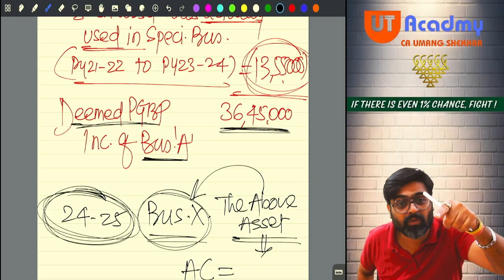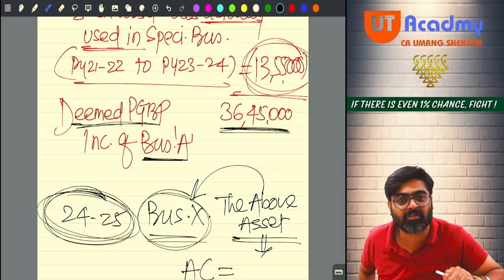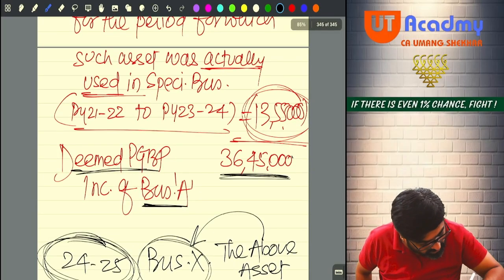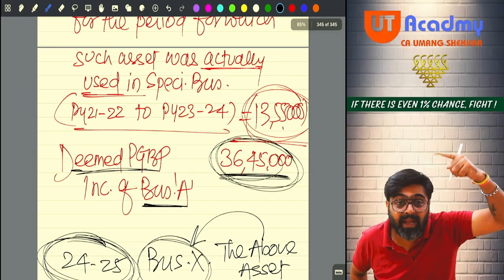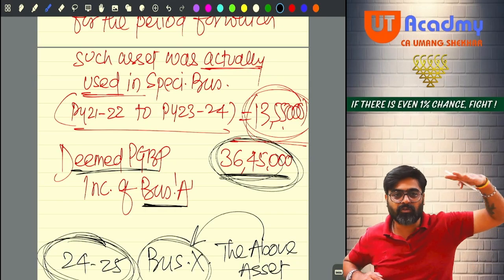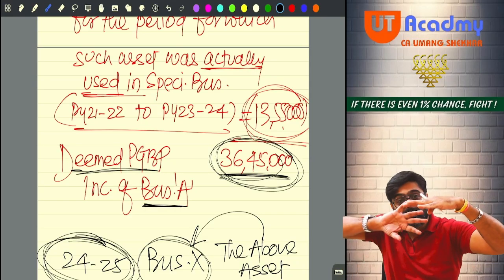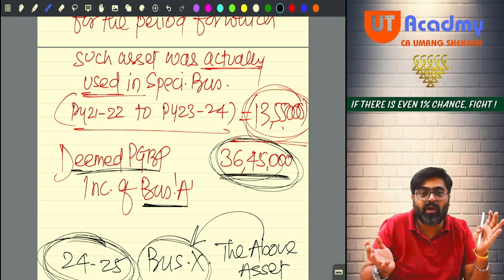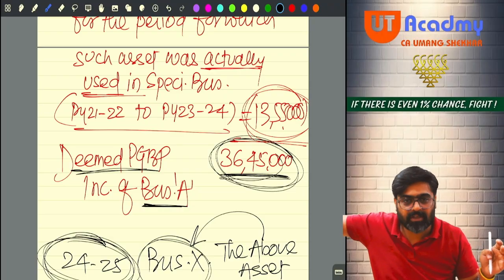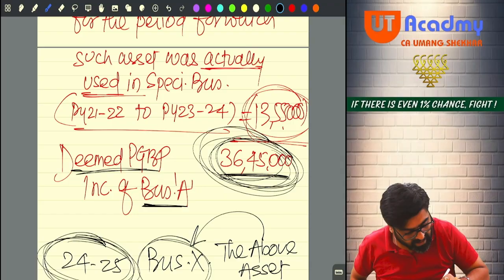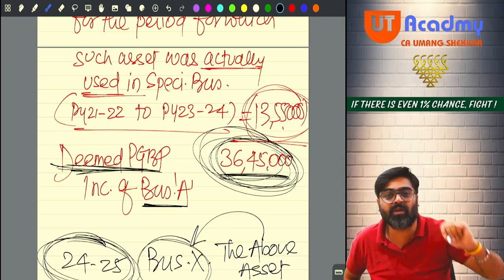Because now the asset is going to be used in this business, no? So whatever remaining cost of that asset which was considered as what? Deemed PGBP in your business A, no. 50 lakh was first allowed. Then it was reversed, but the entire 50 was not reversed. Depreciation was allowed. Meaning out of 50, this cost is reversed by treating it as deemed PGBP in business A, no?